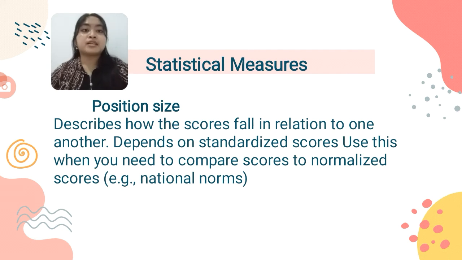It describes how the scores fall in relation to one another. It depends on the standardized score. Use this when you need to compare a score to a normalized score, for example, a national norm.